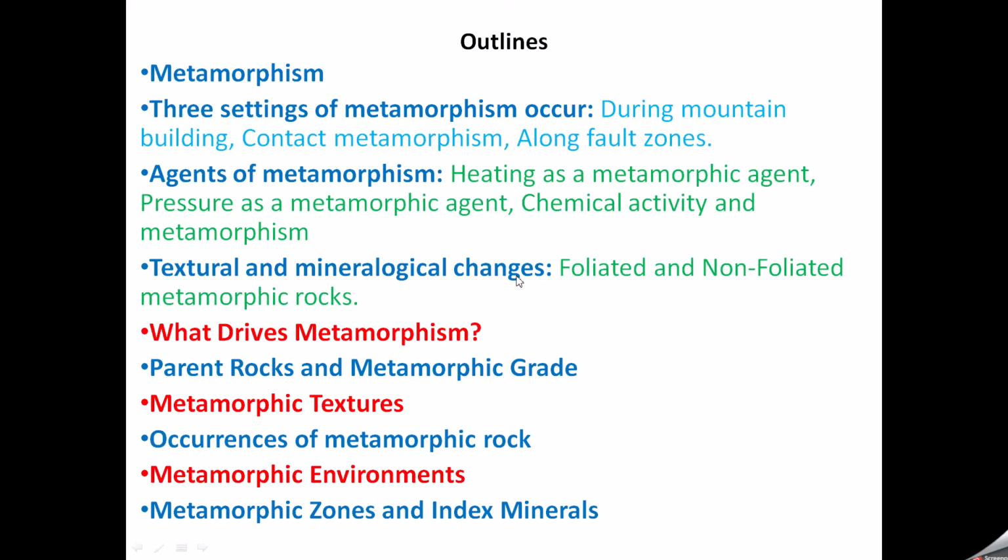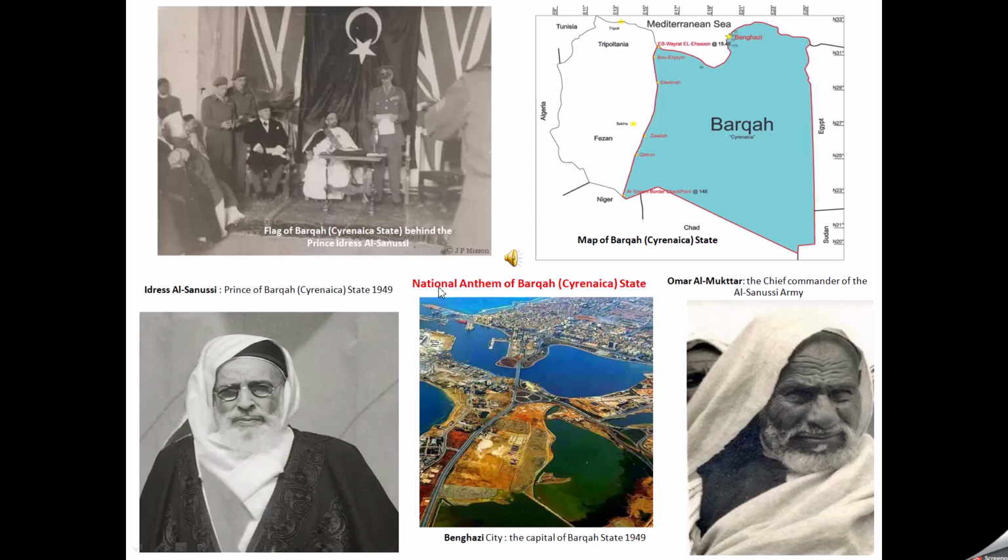Textural and mineralogical changes, foliation, what drives metamorphism, parent rocks and metamorphic grade, metamorphic texture, occurrence of metamorphic rocks, metamorphic environments, metamorphic zones, and index minerals to know the grade of metamorphism.